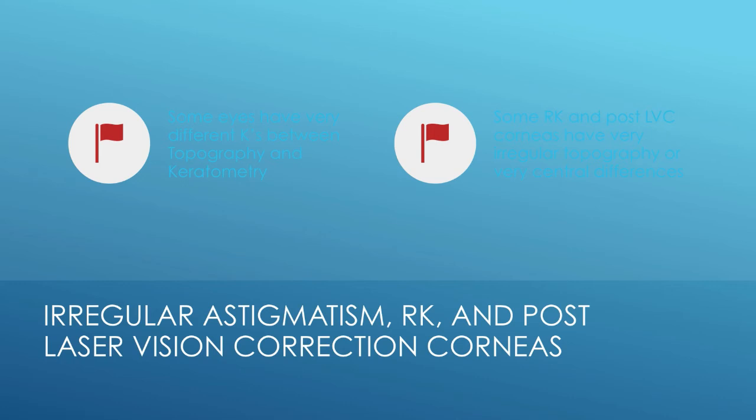Some RK eyes especially, and some post-LASIK or other laser vision correction corneas have very irregular topography or very central differences in their cornea. You may sometimes get very different Ks, especially with RK, between the 1 millimeter zone and the 3 millimeter zone, or the 3 millimeter zone and the 5 millimeter zone. How do you deal with that when you're trying to calculate what to do with an intraocular lens?